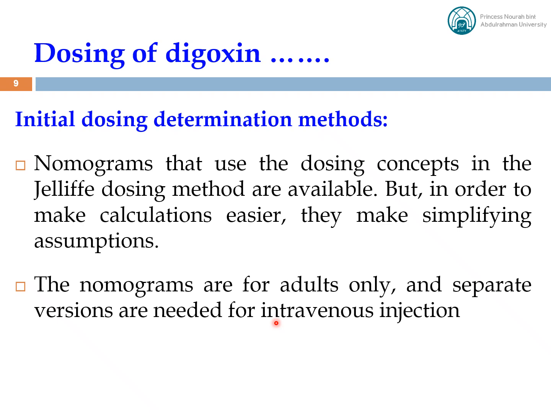They are only for adults. Okay, we have nomograms for adults for oral digoxin doses, and we have nomograms for adults for intravenous digoxin dosing administrations. We have no nomograms for children. Okay, we must follow the GLF calculations and the pharmacokinetic dosing method calculation approaches.